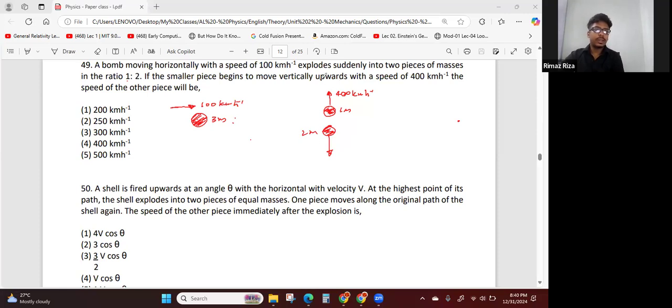In the vertical direction, momentum has to be conserved. 400 into 1 means 2 into 200. And also this momentum should be there: 100 into 3, 300. So this one should move with the velocity 300.